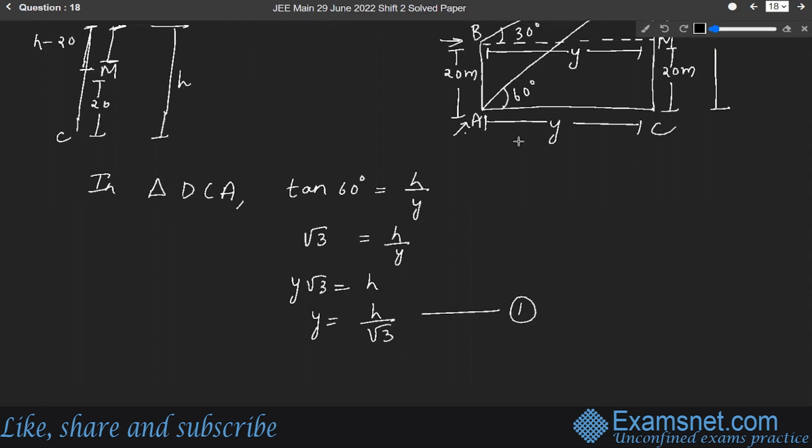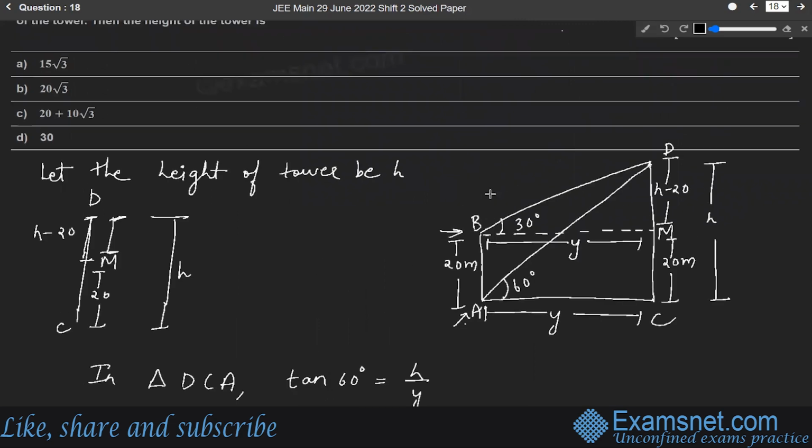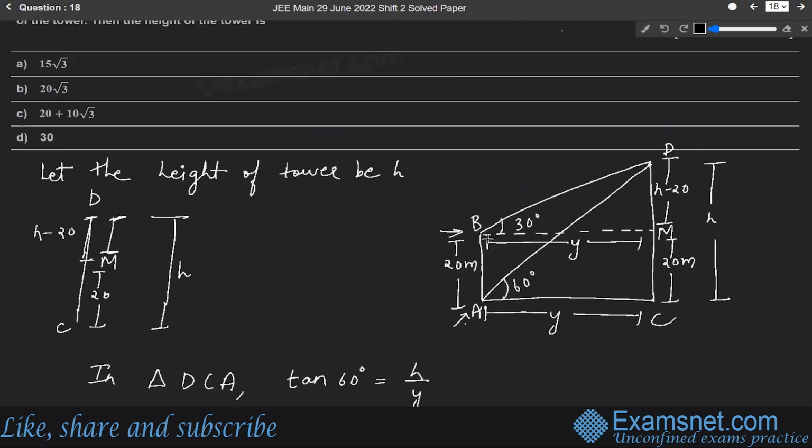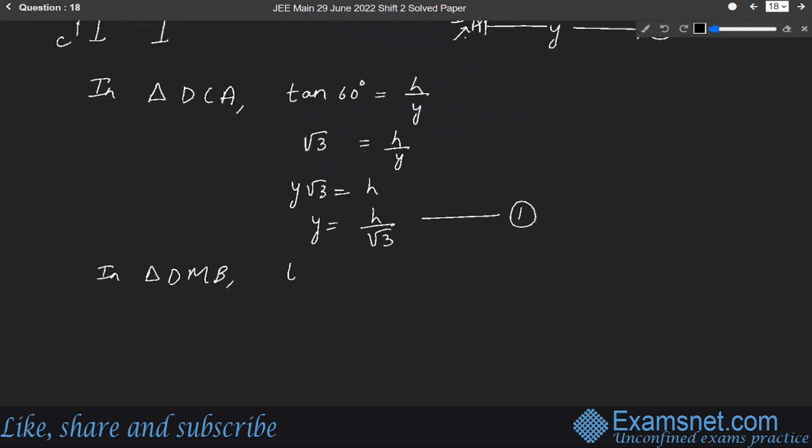Now let us focus on the other triangle, DMB. In triangle DMB, theta is 30 degrees, so tan 30 degrees will be equal to perpendicular upon base.